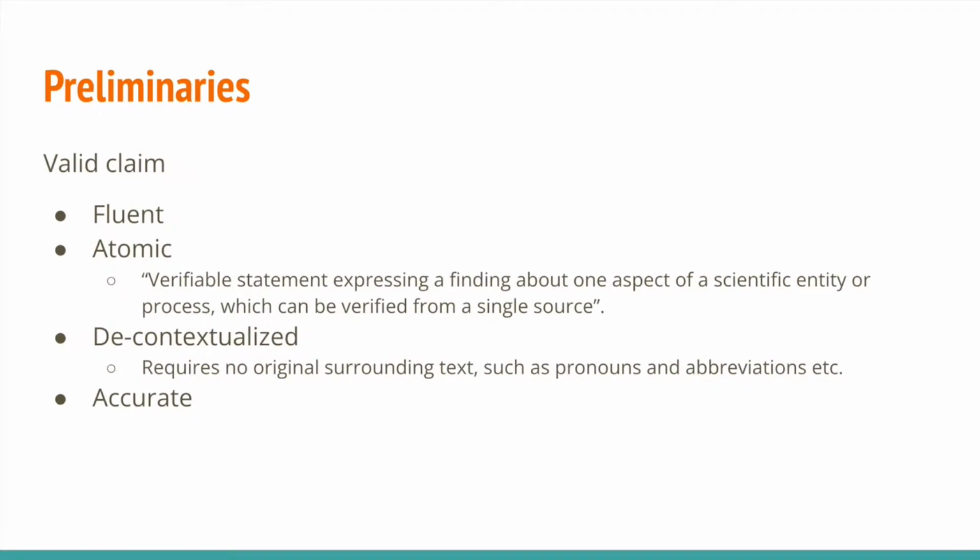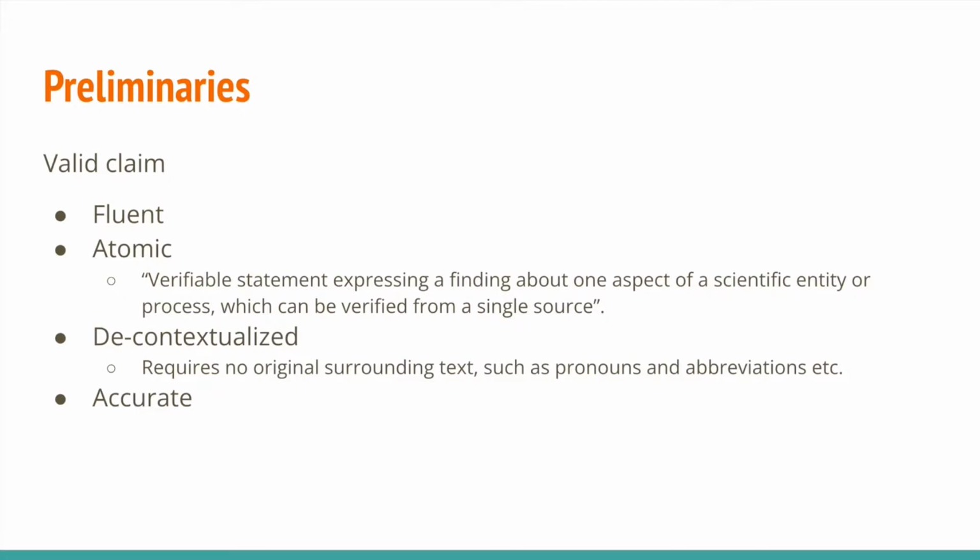Before we dive into the details, there are some concepts that we need to clarify. The first one is the valid claim. A valid claim is a claim that is fluent, atomic, decontextualized, and accurate. Atomic means a verifiable statement expressing a finding about one aspect of a scientific entity or process, which can be verified from a single source.